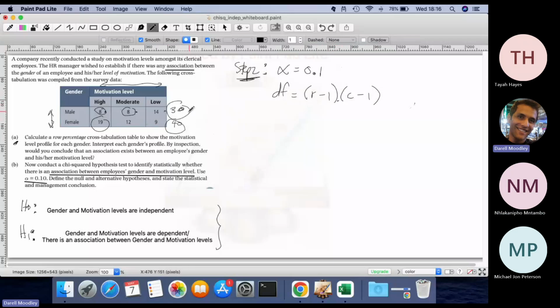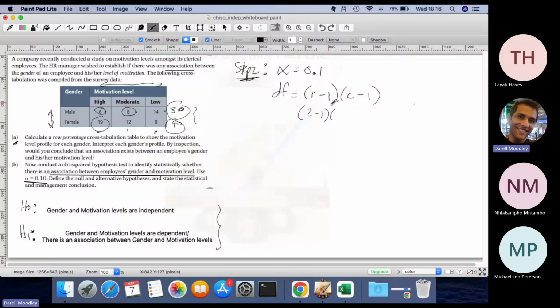Okay? Your R is simply how many rows do you have? And that's 2 rows. Okay, because you have male and female. So your R is 2, right? And your C would be columns. How many columns do you have? And that's 3. You have high, moderate, and low.